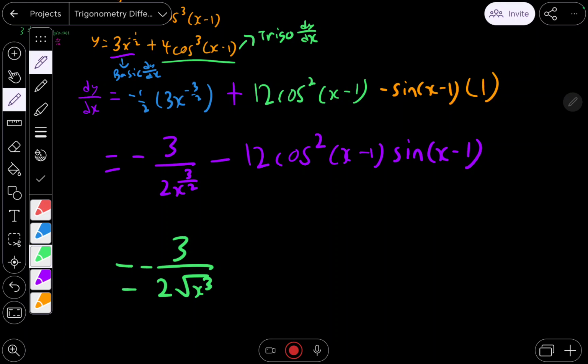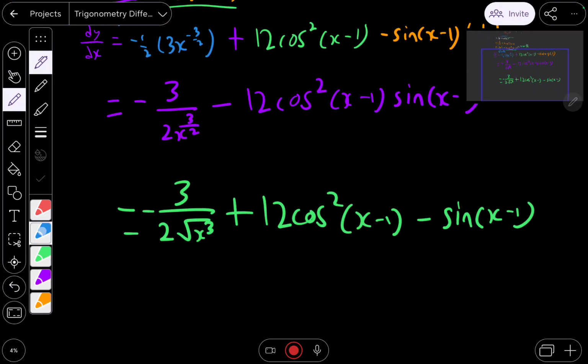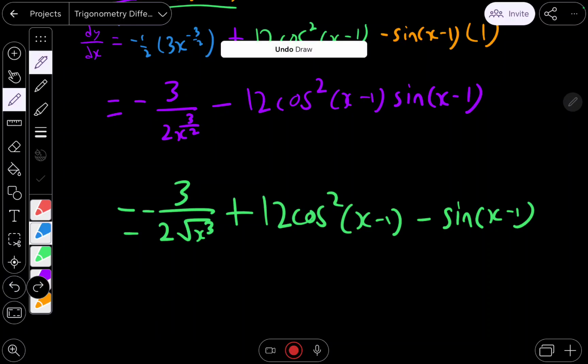Alright, so you can leave your answer like this, and then you can write the plus 12 cosine squared minus... Or one more way, which I'll write in red.